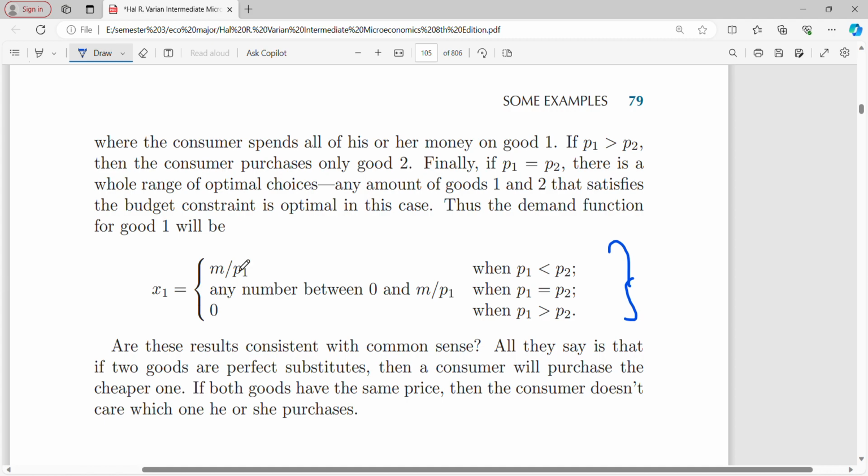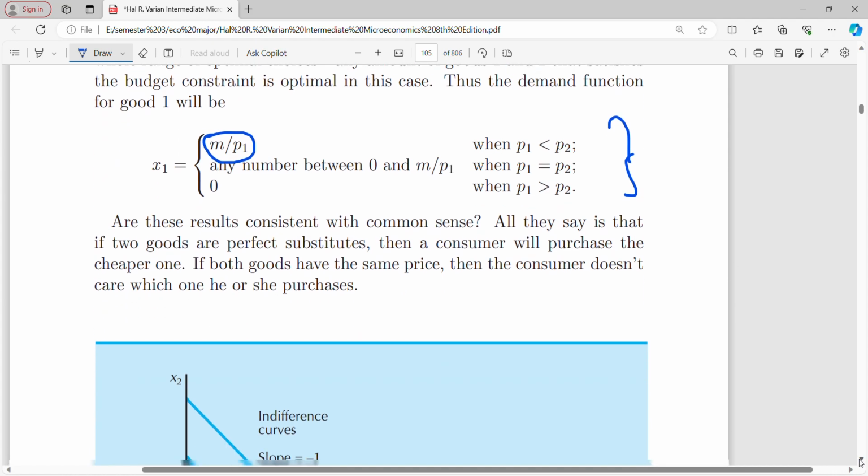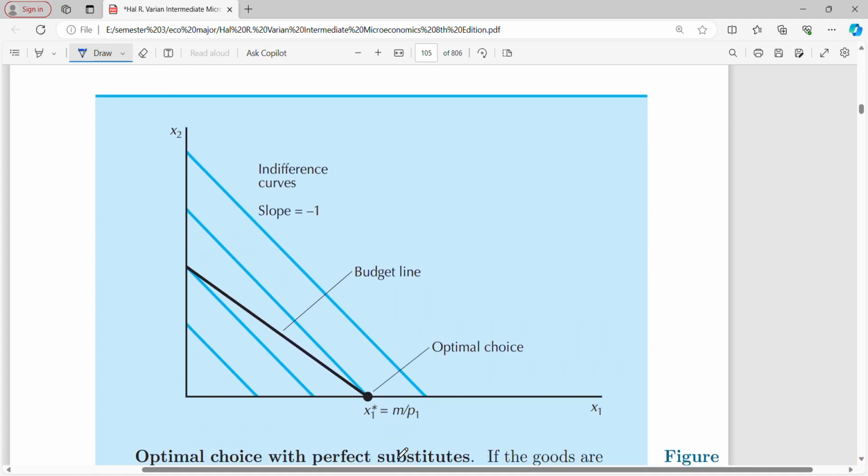So when P2 is greater than P1, all his money will be spent on X1. That is his income M divided by P1. Then if P1 is equal to P2, I'll show them in the graph.